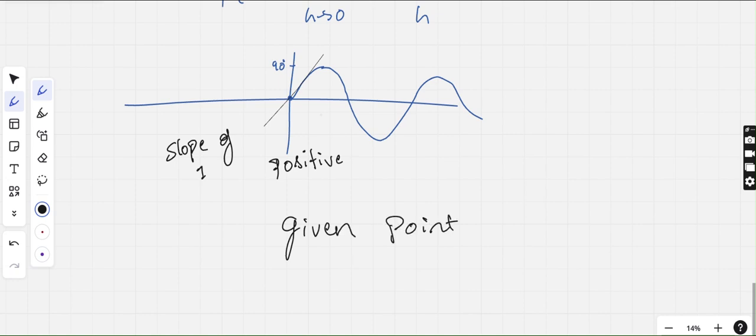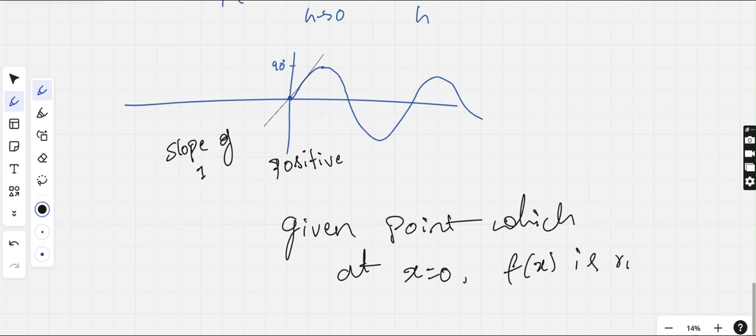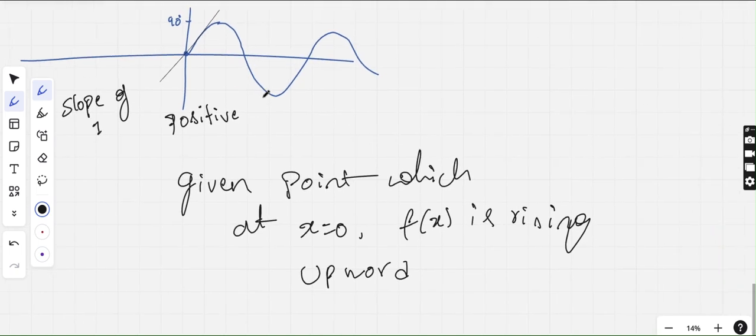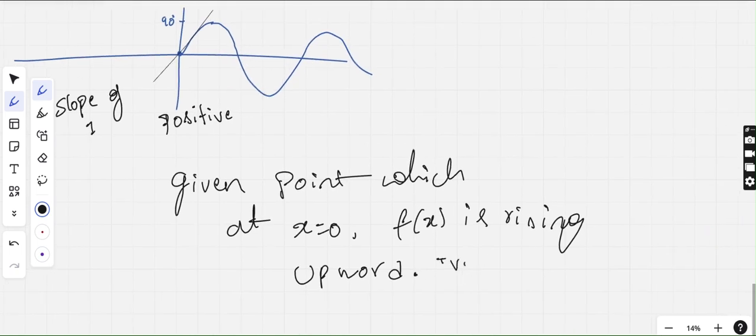That means at this given point, x equals 0, f of x is rising upward. That's again a positive slope.